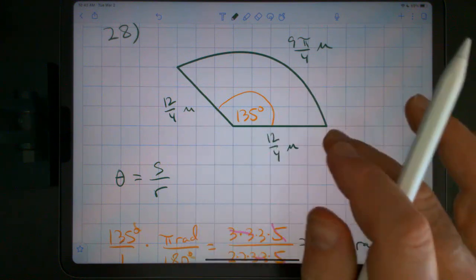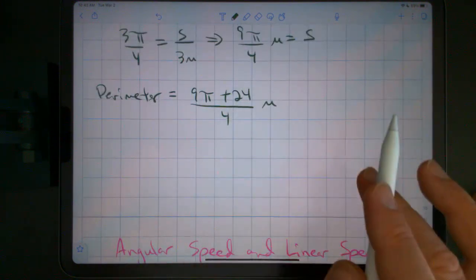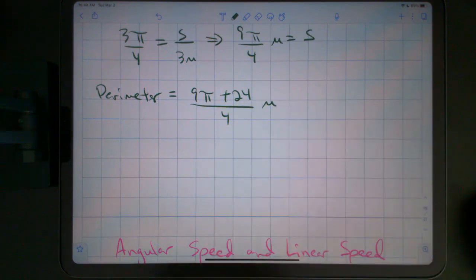Since they all have the same denominator, I'm just going to add the numerator straight across. Area.